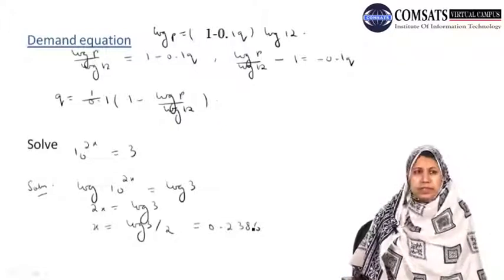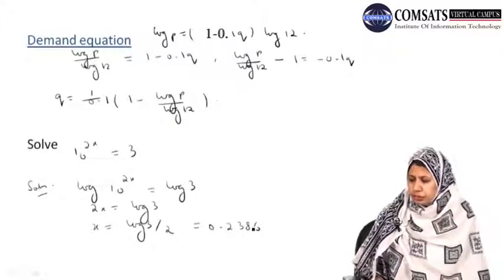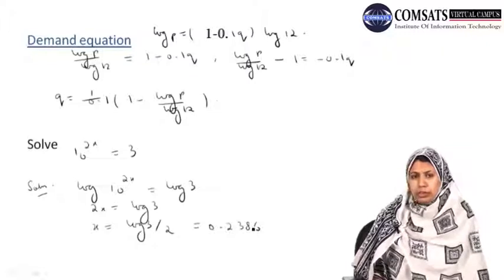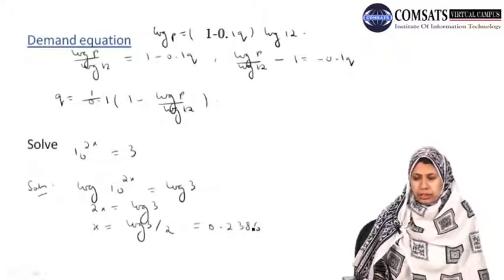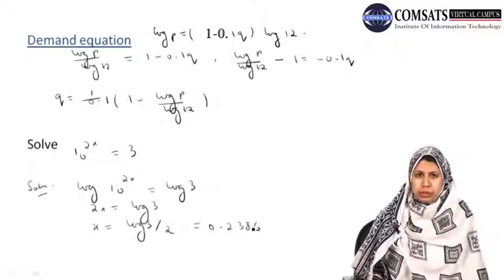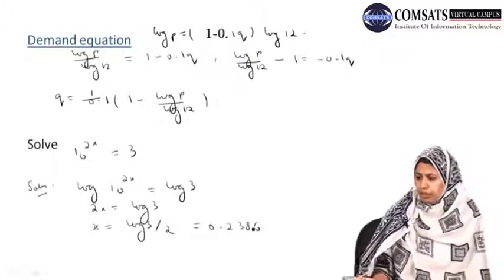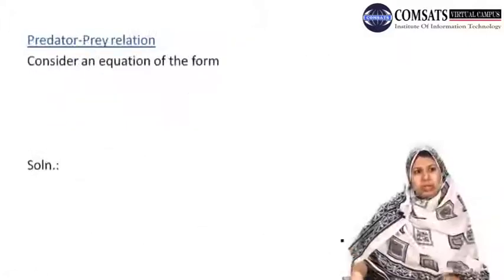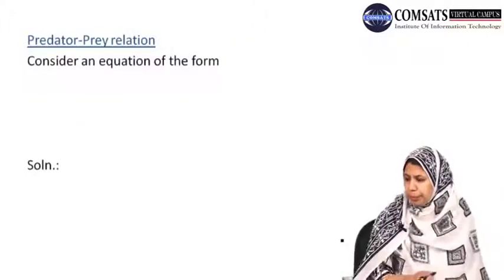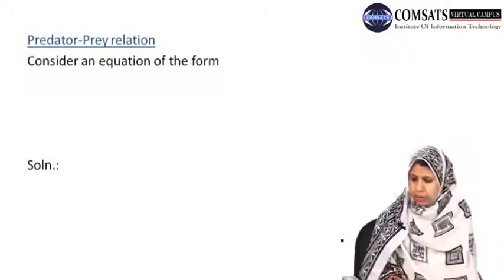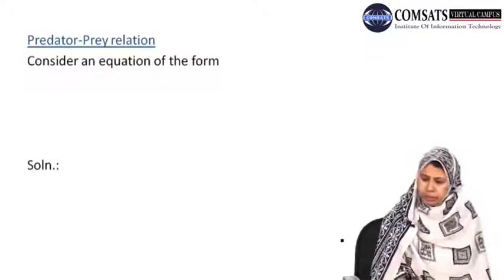If we look at our last example, 10 to the power 2x is equal to 3, in order to solve this exponential equation, we used the properties of log to simplify it, and we can easily find the value of the unknown x. Now consider one more application of the log function, which is the predator-prey relation.